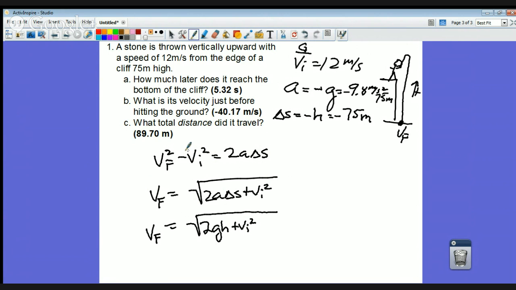And then since it's going down, you know that it'll be negative. So when you do a square root, the answer is going to be either positive or negative. So you're going to choose the negative one because you know it's going down, and we said down is negative. And if you put those numbers in, you should get 40. Okay. Let's see what we got.